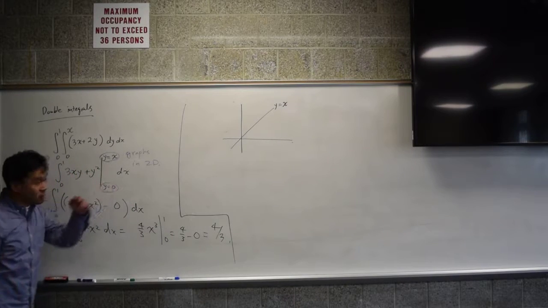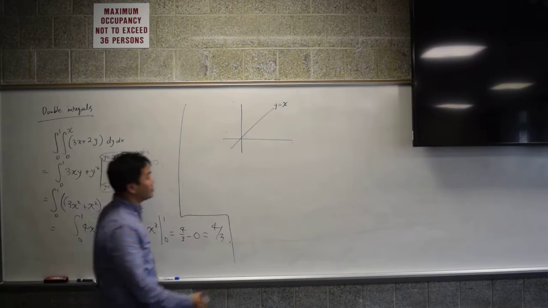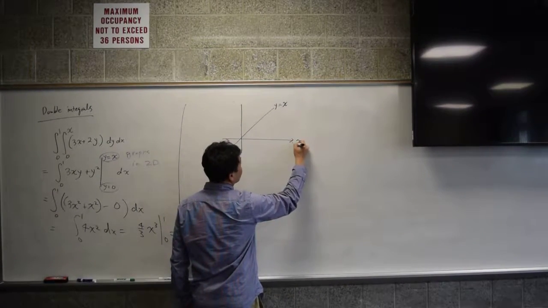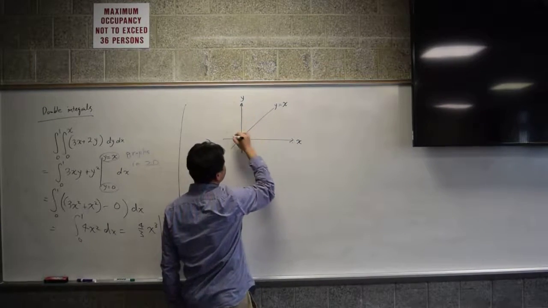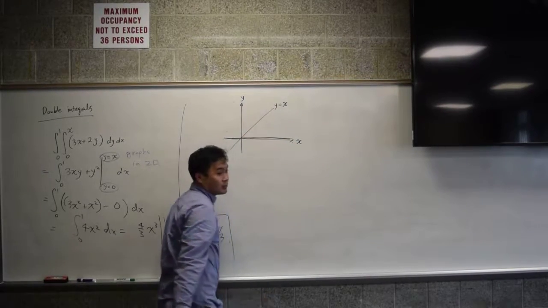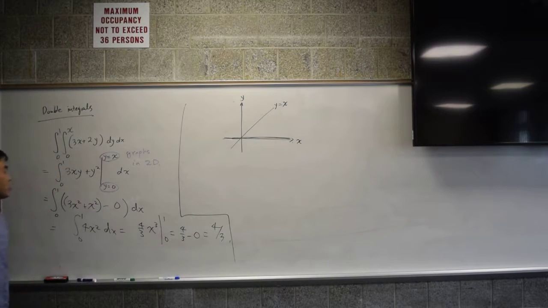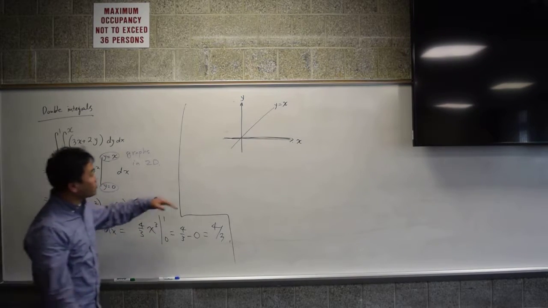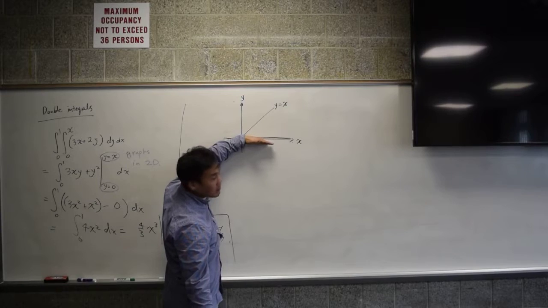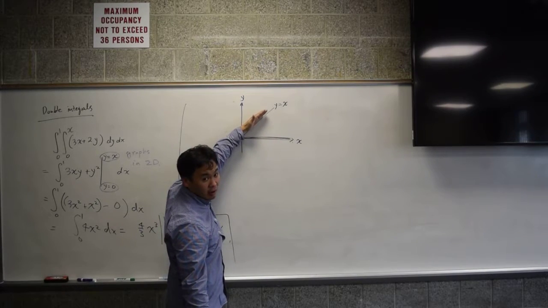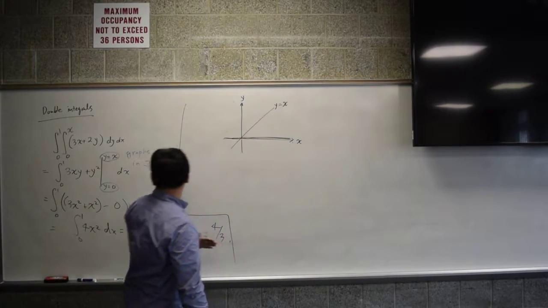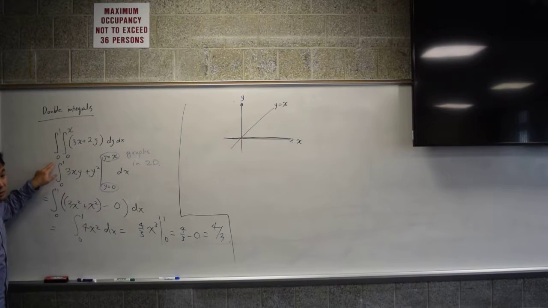What's y equal to 0 on the plane? It's the x-axis, right? So you're basically saying that you're starting from this and you're ending up there. Okay? Where your x value is limited from 0 to 1.